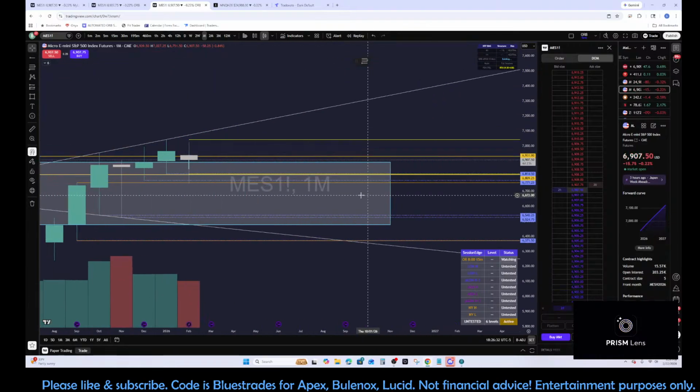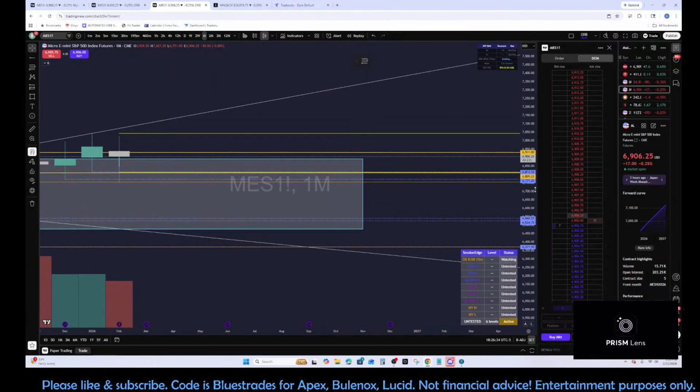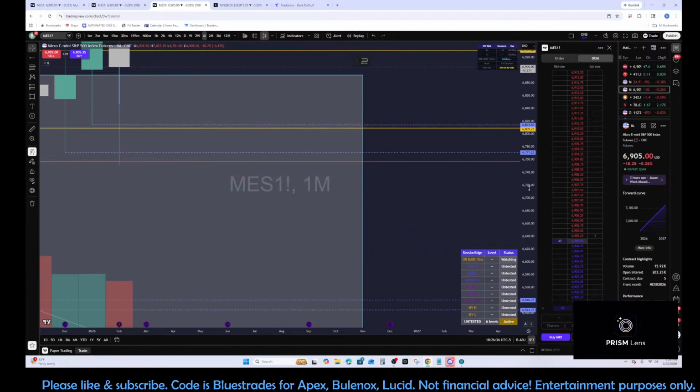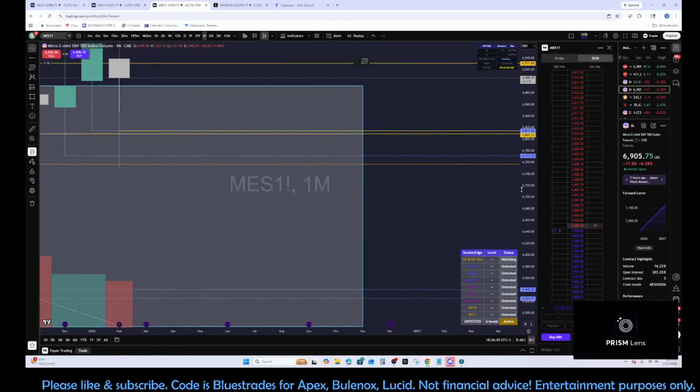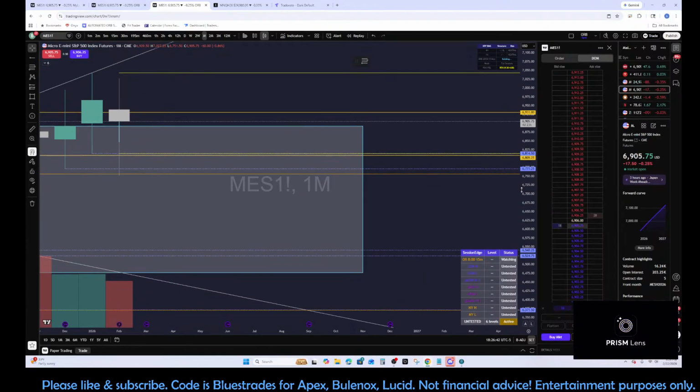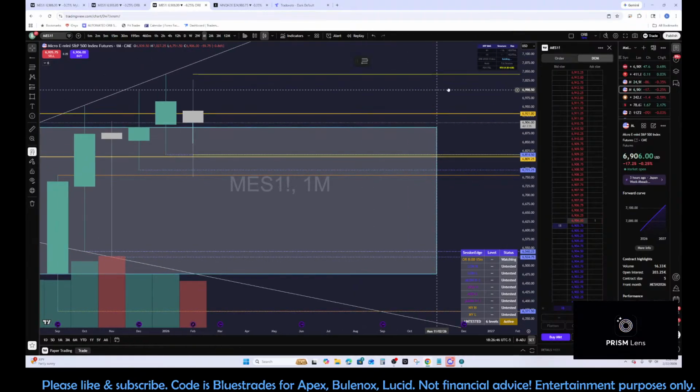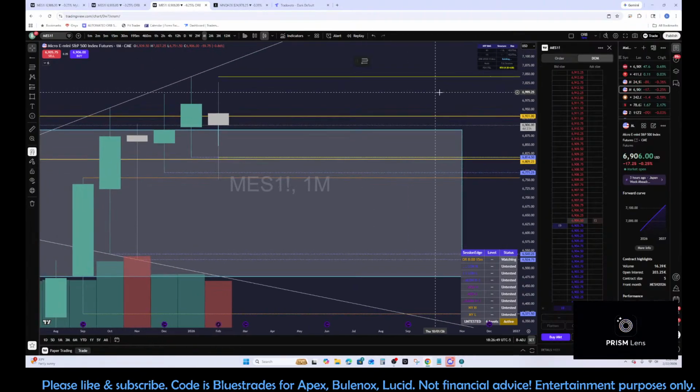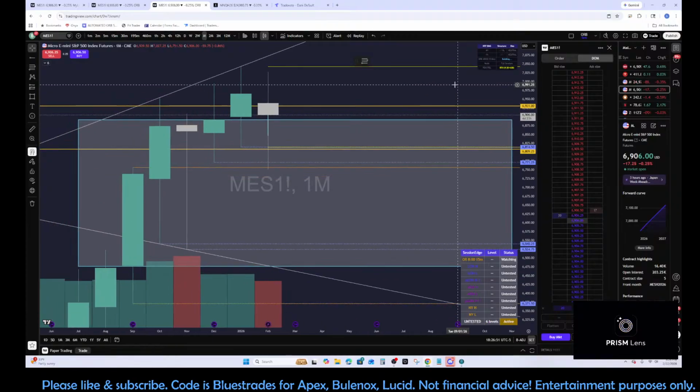I don't even know if that is a true wick. Yeah, from 70.34 to 67. We've gone less than 100 points in an entire month. That's insane. So the market is doing nothing overall.